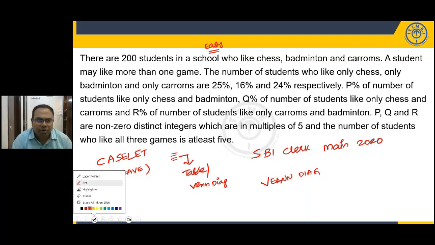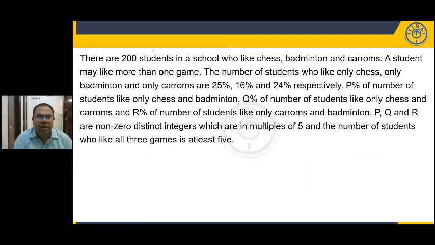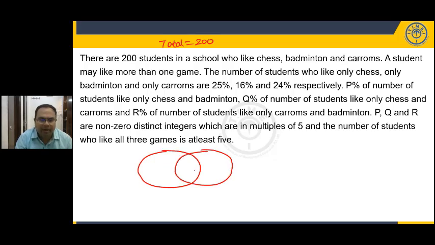So if you observe here, there are 200 students who like chess, badminton, and caroms. A student may like more than one game. So total 200 students. Let me draw chess, badminton, and caroms.